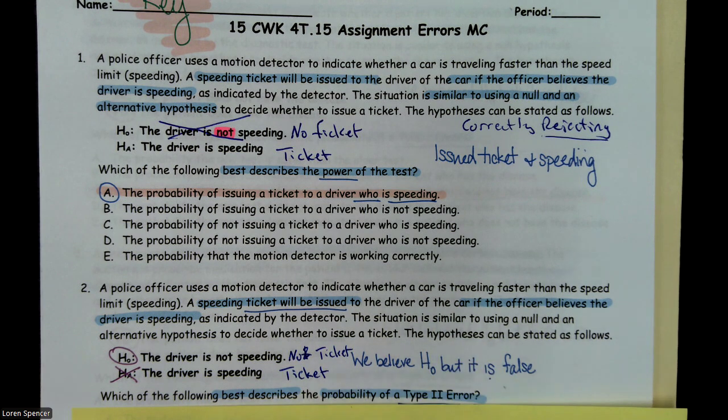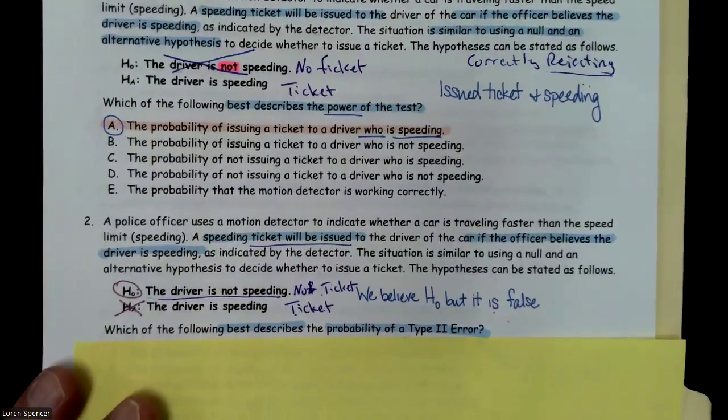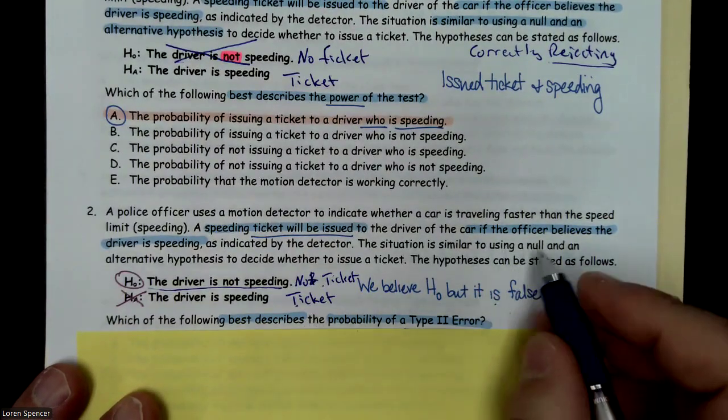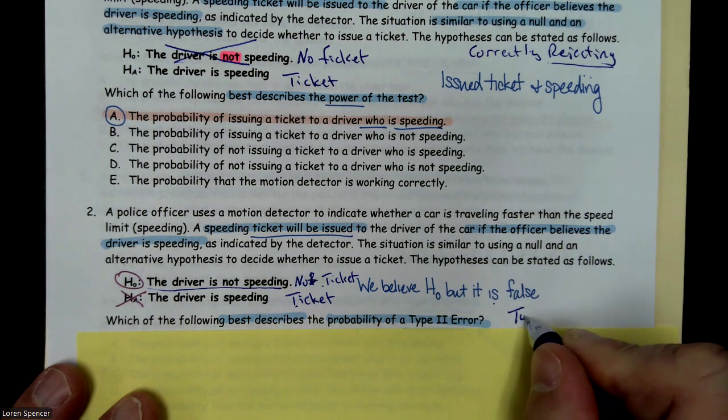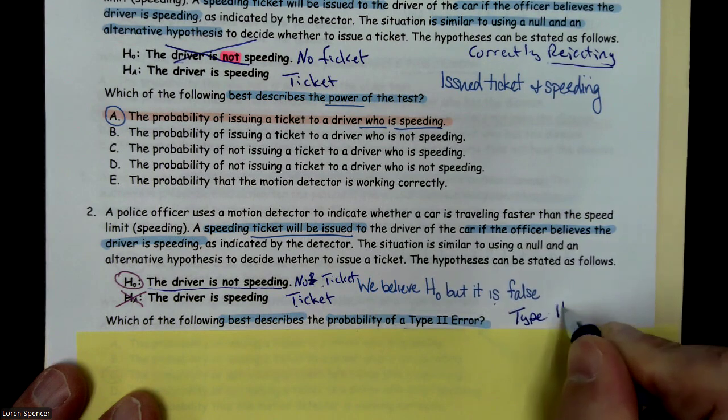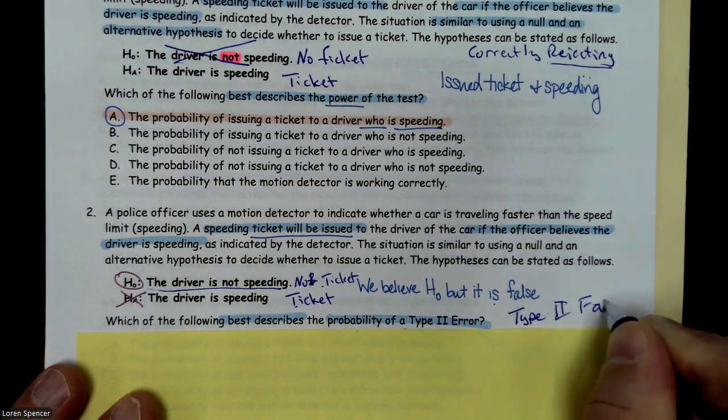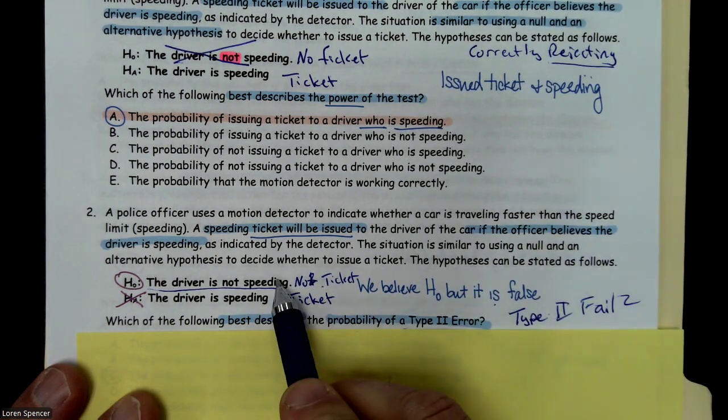We believe they're not speeding, so they don't get a ticket, but they should have gotten a ticket. Remember, type 2, fail to. So we failed to reject this, but it was false.